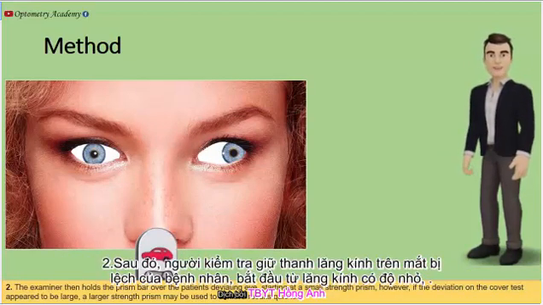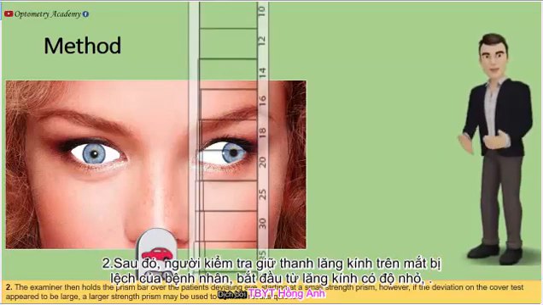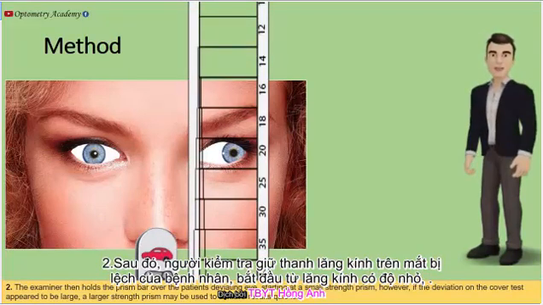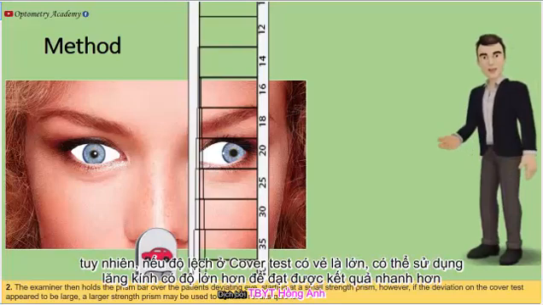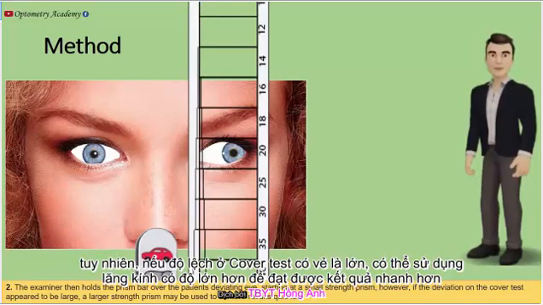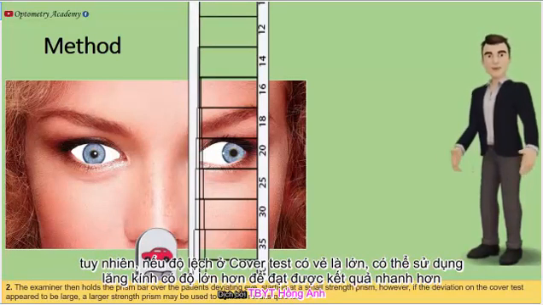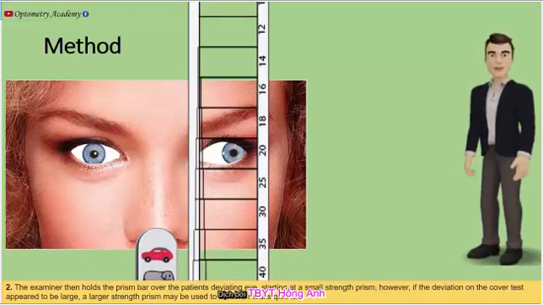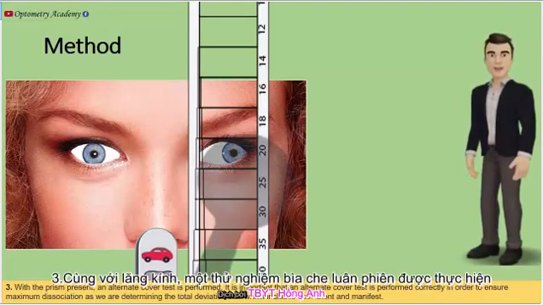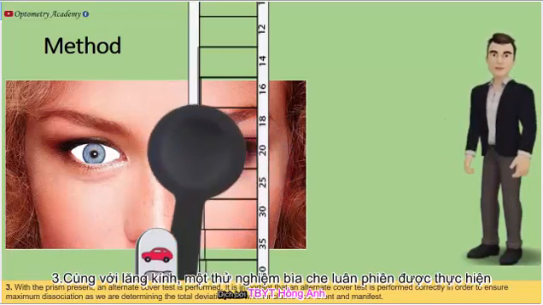The examiner then holds the prism bar over the patient's deviating eye, starting at a small strength prism. However, if the deviation on the cover test appeared to be large, a large strength prism may be used to achieve results quicker. With the prism present, an alternate cover test is performed.